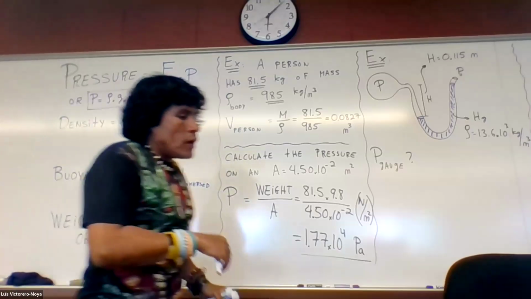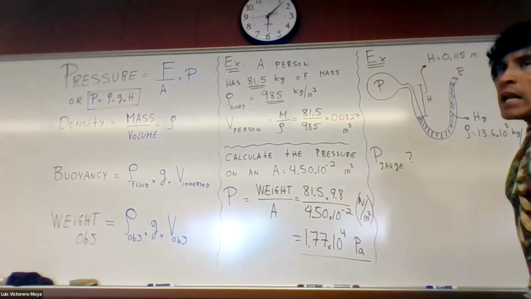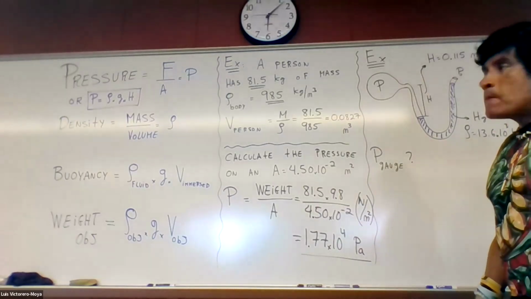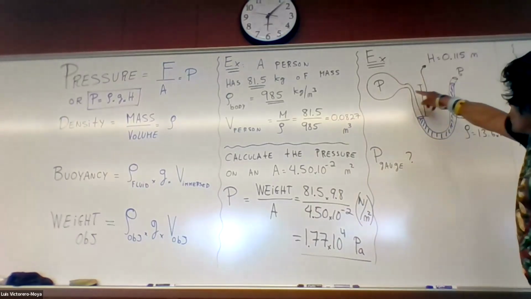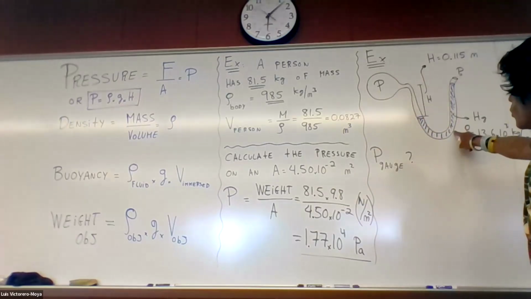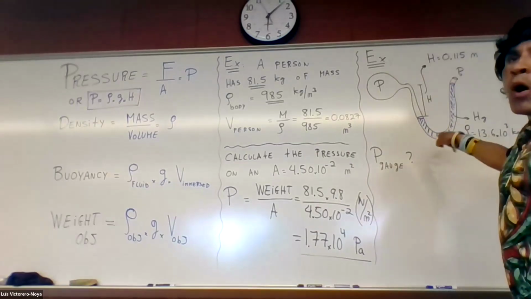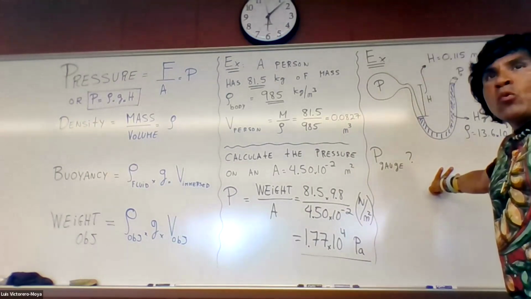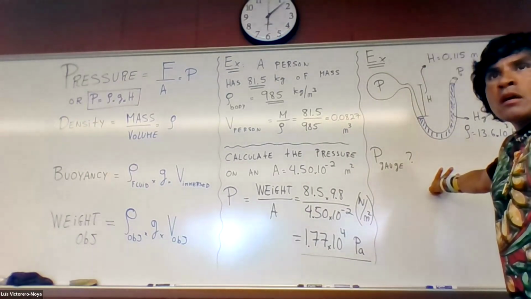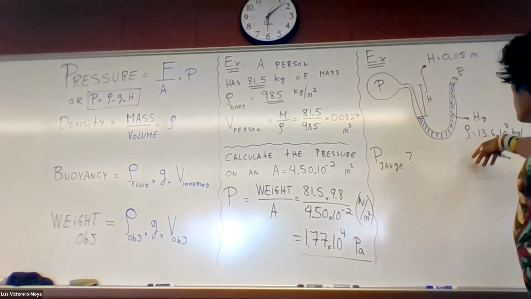And then we have the other definition of pressure, which we use a lot in chemistry. You have a tube in this shape with mercury inside, and you're going to learn today why we use mercury a lot in experiments, in thermometers, for example.